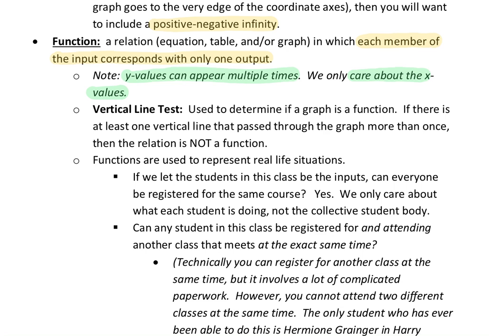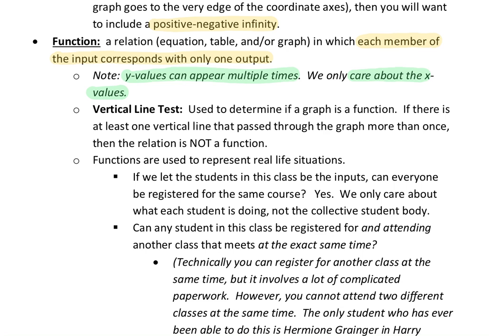Now, as I said, we're going to be looking at equations, tables, graphs, and so when we look at graphs, we have something called the vertical line test. The vertical line test is used to determine if a graph is a function. There's two different definitions for this.